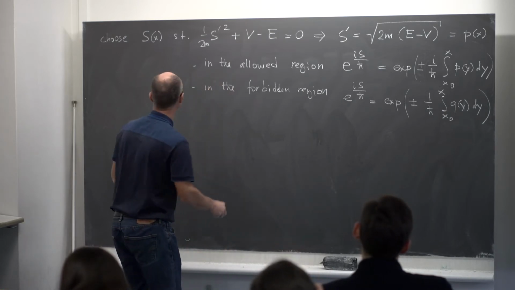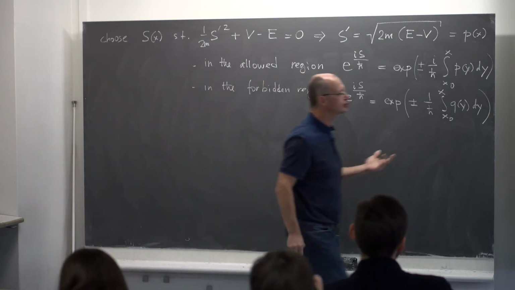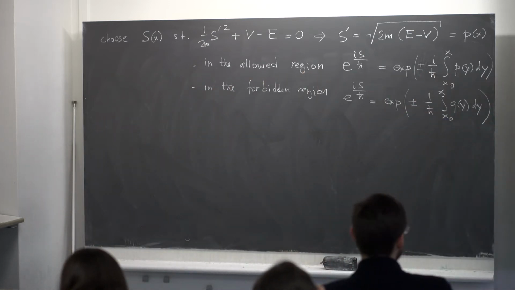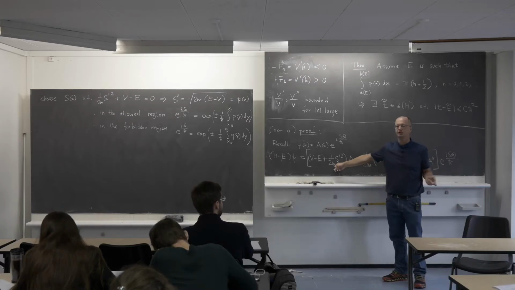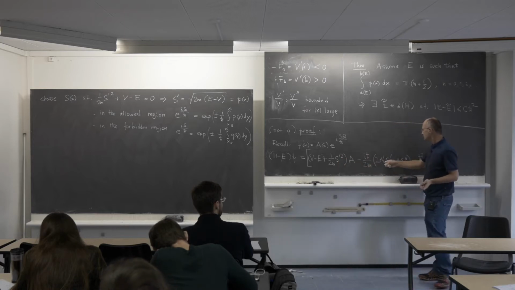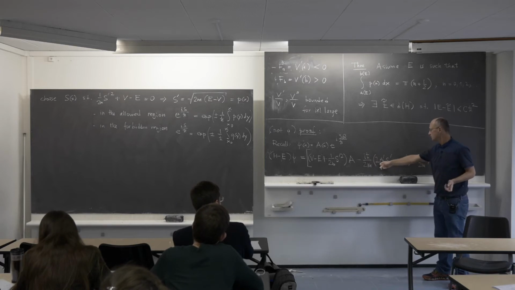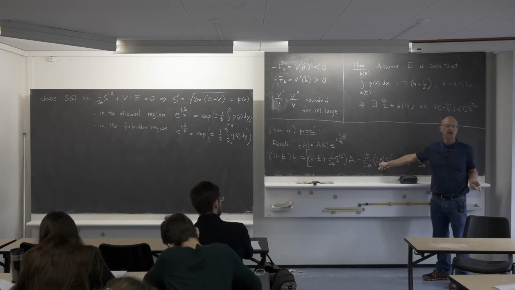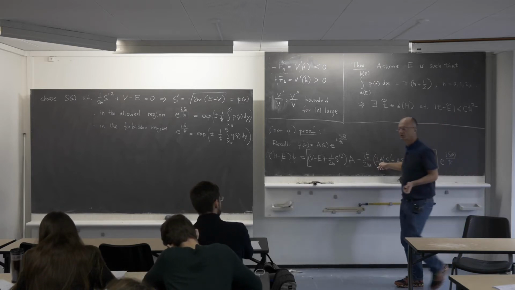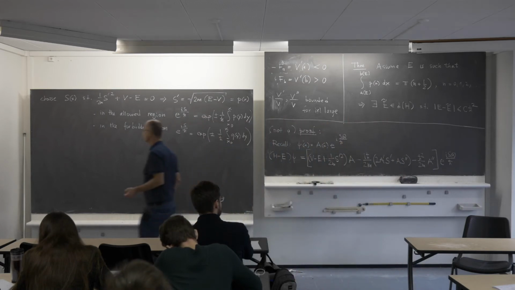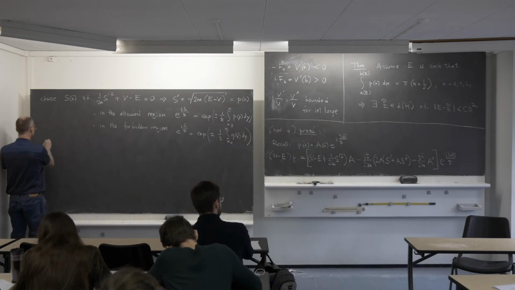Okay, now we can make further choices. You see, we're thinking of h bar as a small parameter, so we killed the first term on the right-hand side by this choice of s, but now there is the second term which is proportional to h bar, so we can try to kill that by the choice of a.